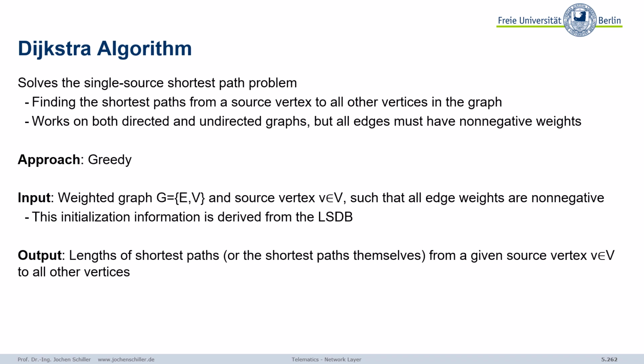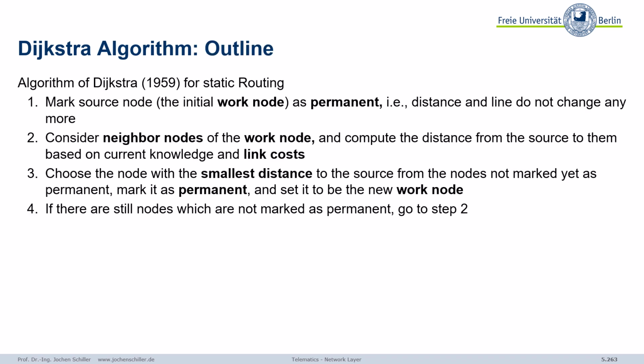We take as input the weighted graph with the edges and vertices, and we have all these non-negative weights, and we get this initialization information from this database. And the output is then the length of the shortest paths, or the shortest paths themselves, from this given source to all other nodes. That's the idea.